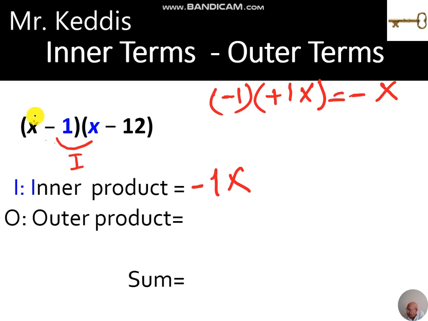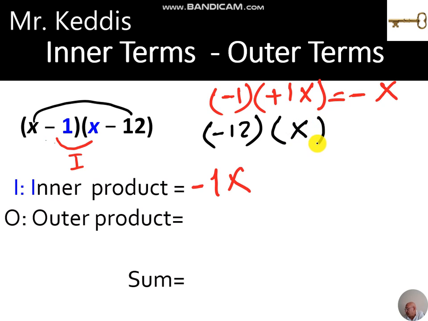This is the outer term, which is negative 12 times positive 1x, or just x, the same thing. Negative times positive, I get negative because this is multiplication. 12 times 1 is 12x.